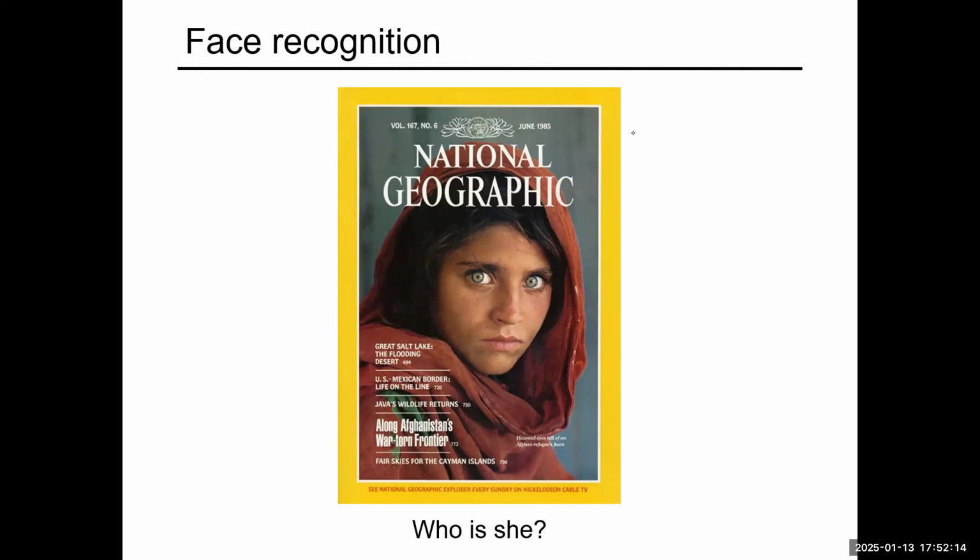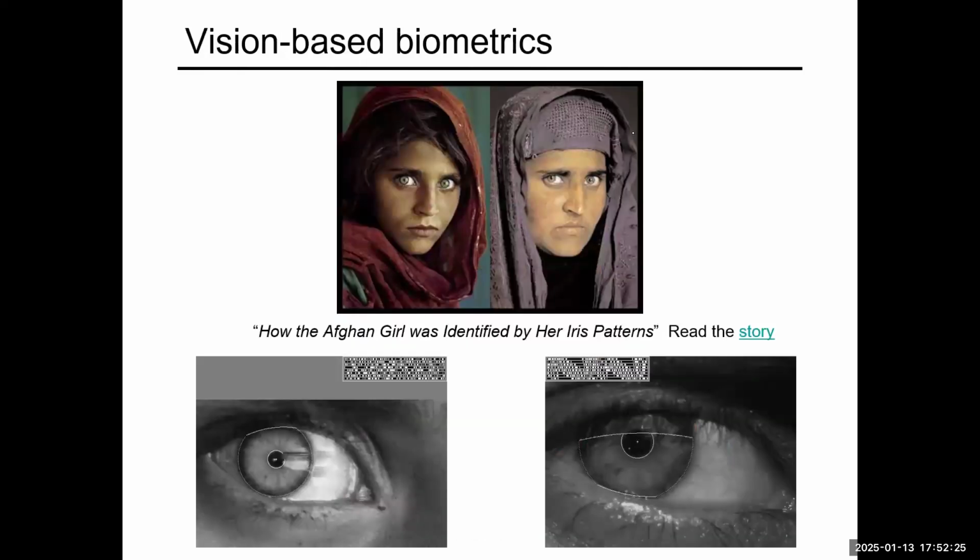In 2011, I think, they tried to identify the same lady again in Afghanistan. And unfortunately, they couldn't until they found her. That's her now. And the only way to identify the person, in this case, was using the iris.